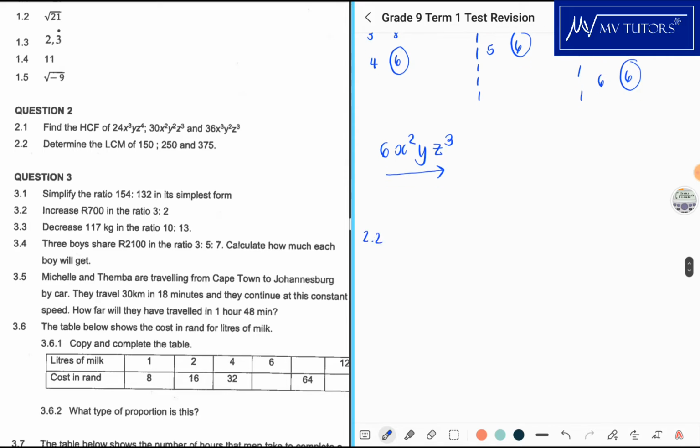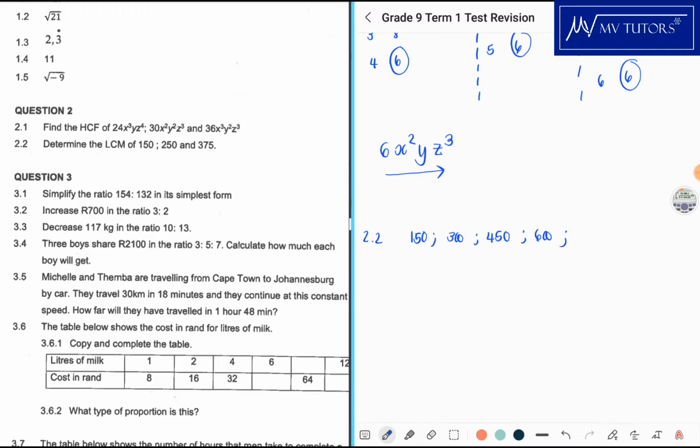And that is our highest common factor. Now what about 2.2? It says determine the lowest common multiple of 150, 250, and 375. Let's list the multiples of 150. We have 150 plus 150, we get 300, plus 150, we get 450, plus 150, we get 600. Maybe let's list 6 terms.